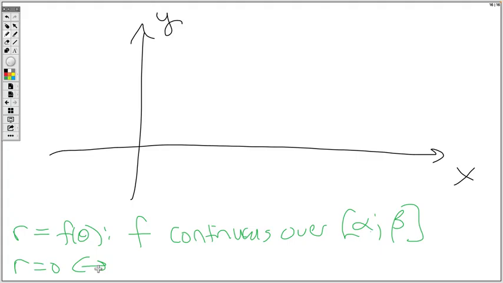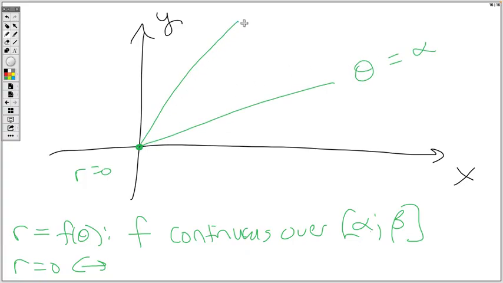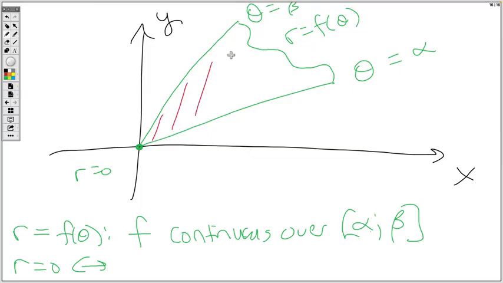You follow? So here's the r equals 0. And then here's, say, theta equals alpha. And here's theta equals beta. And then you've got some r equals f of theta. So the area we'd be looking at would be that area there. Does that make sense or not? Do you see how that's the analogous problem?